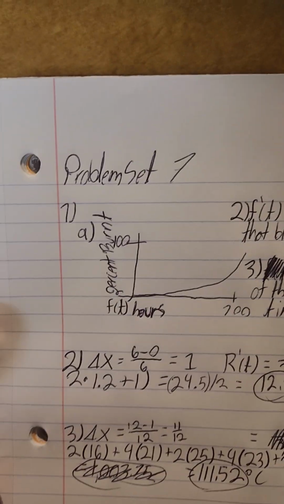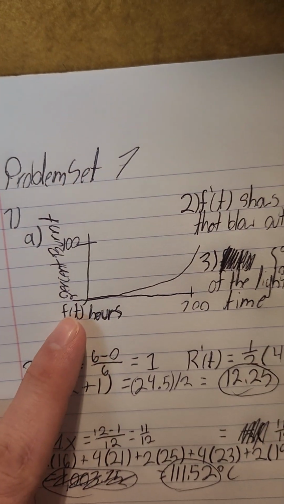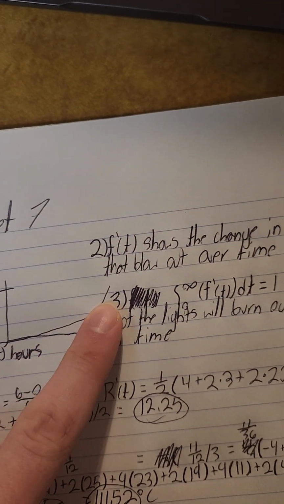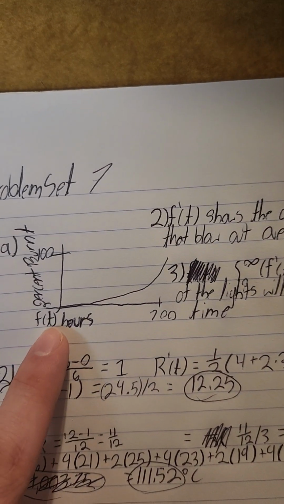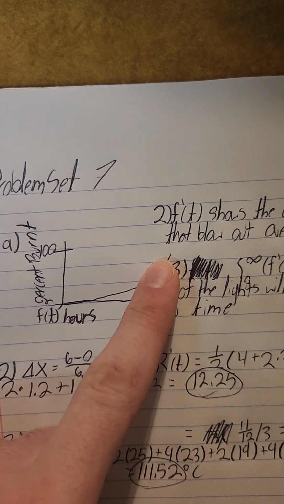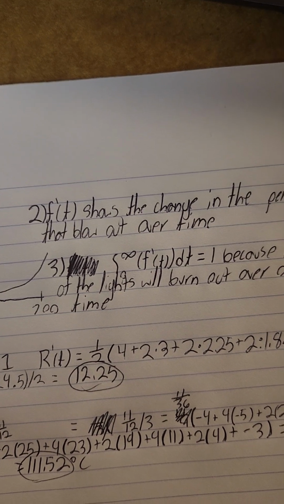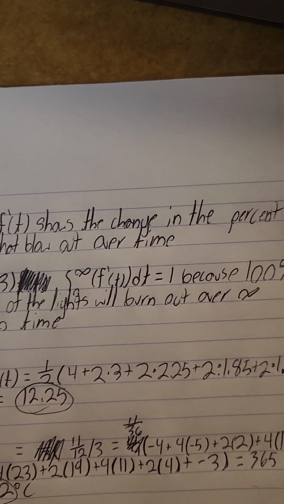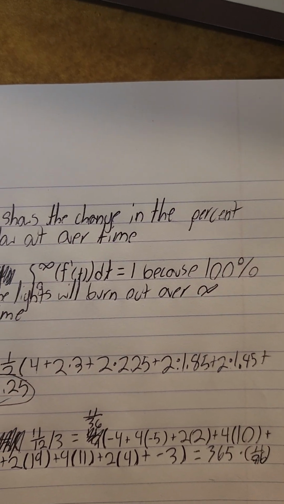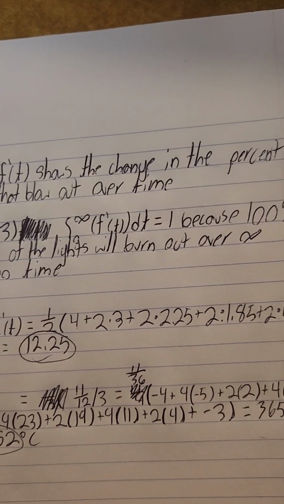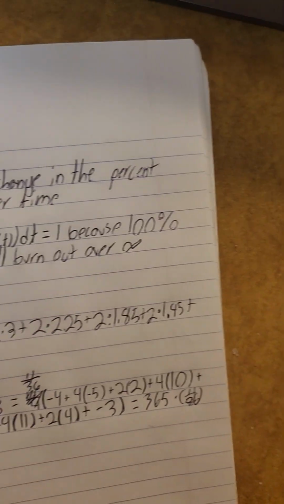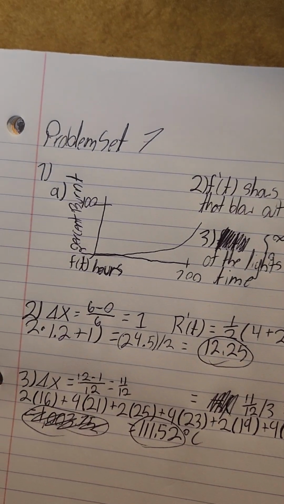So it basically shows how fast these are going bad, kind of. And if you take the integral from 0 to infinity, it would equal 1, because in an infinite amount of time, 100% of the lights will have burnt out. And 100% in this situation is 1.